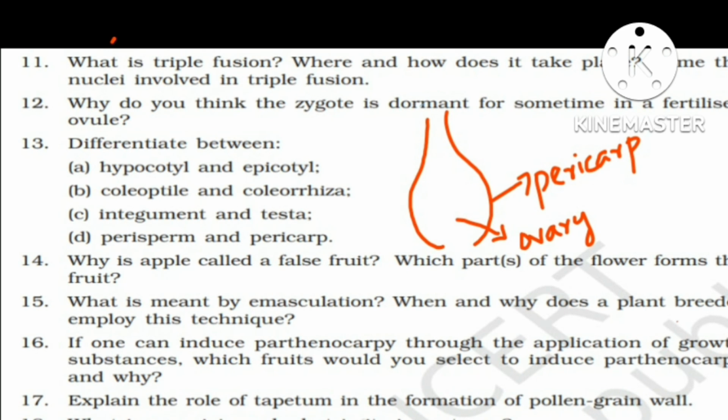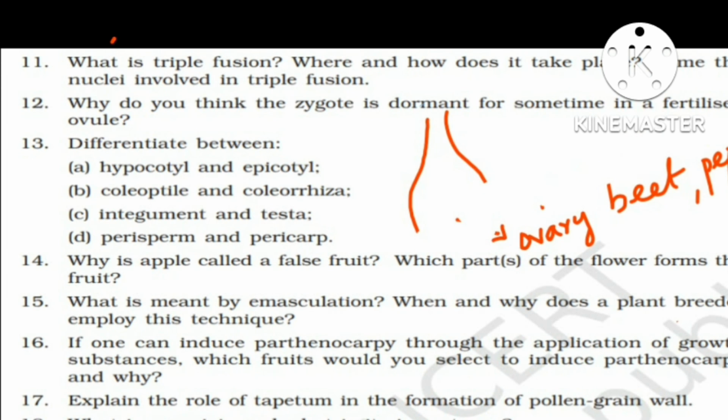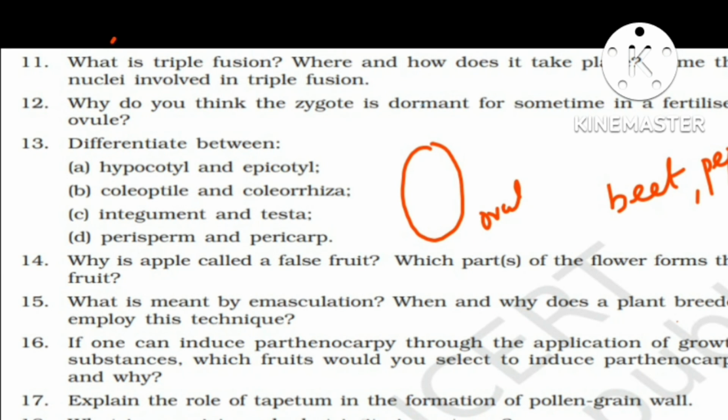And perisperm means, in seeds like beet or pepper, black pepper, the tissue which is present inside the ovule is called nucellus, and it's from the nucellus that ultimately the embryo sac is made.